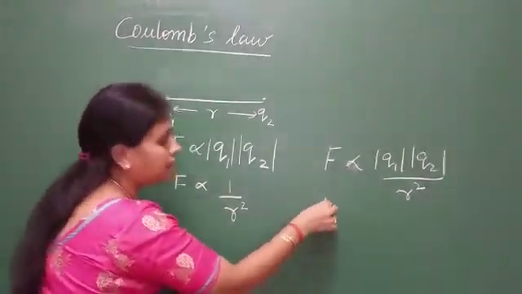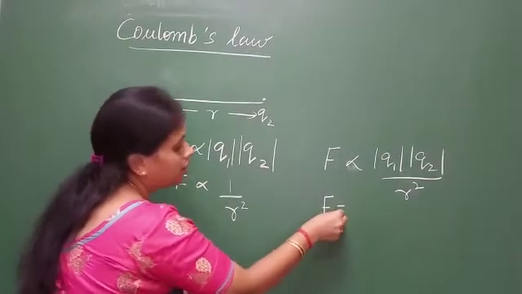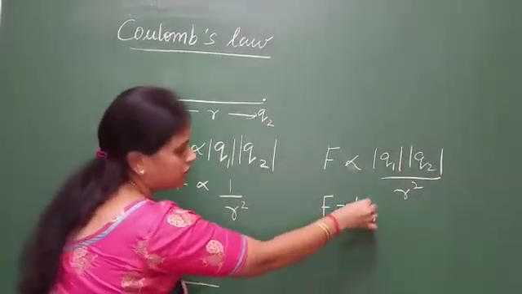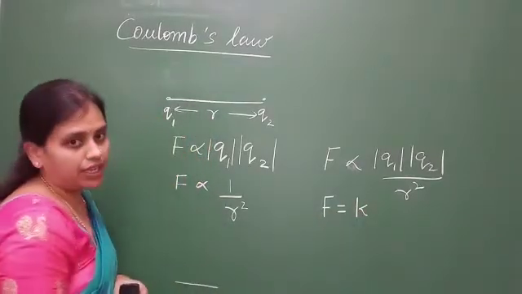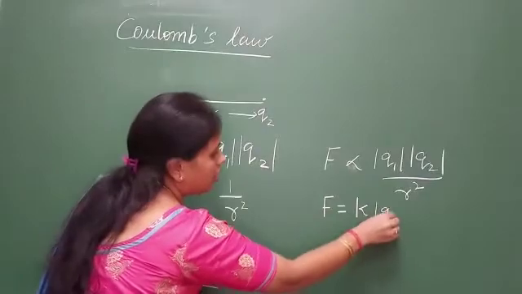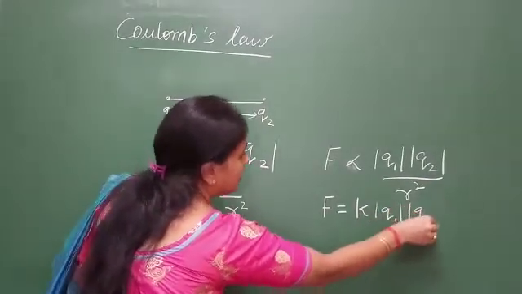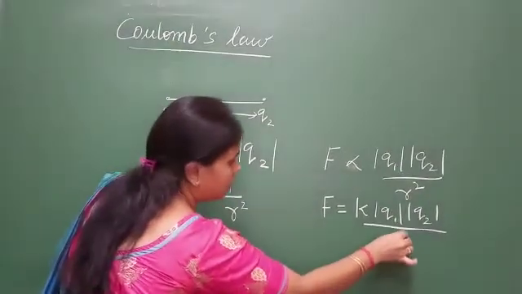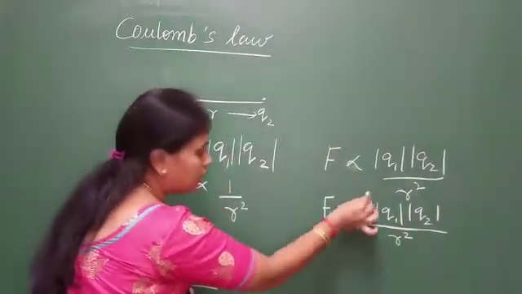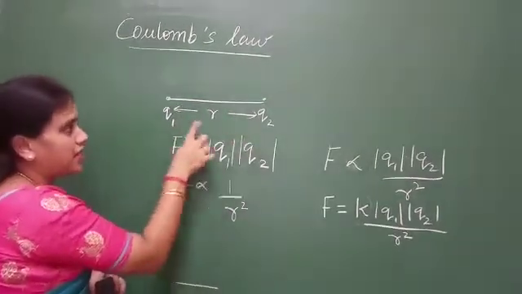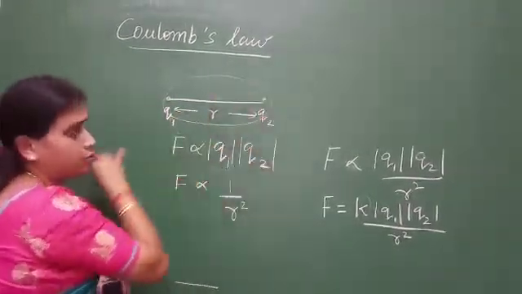Here, that constant is named the electrostatic force constant, represented by K, and hence F equals K times mod Q1 into mod Q2 divided by r squared. This value of K depends upon the nature of the medium existing between the two charges.